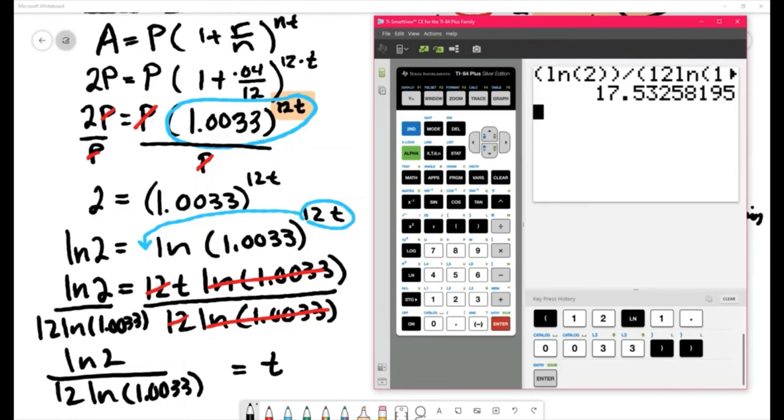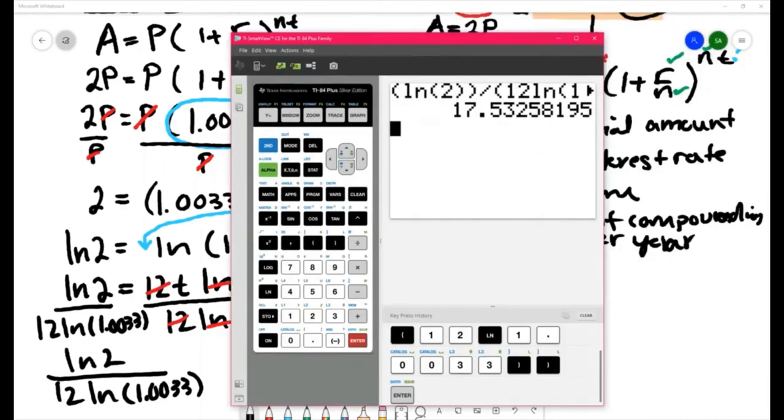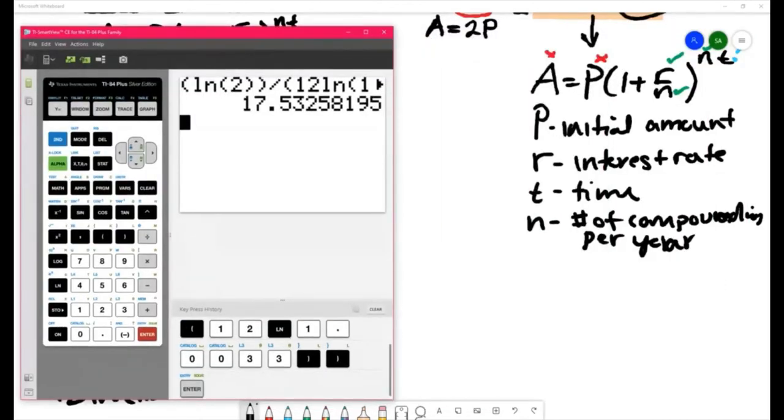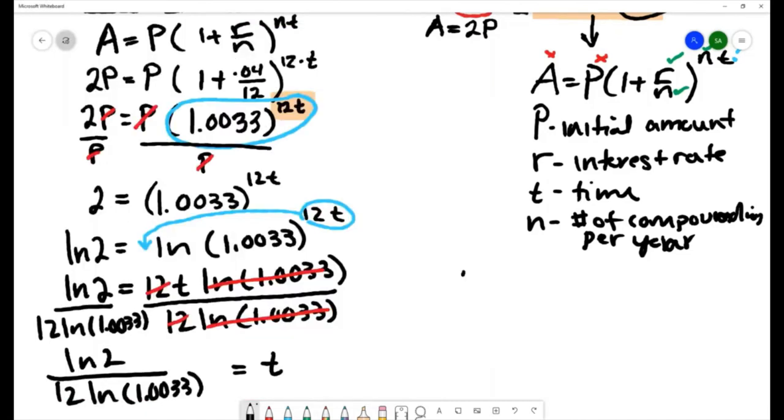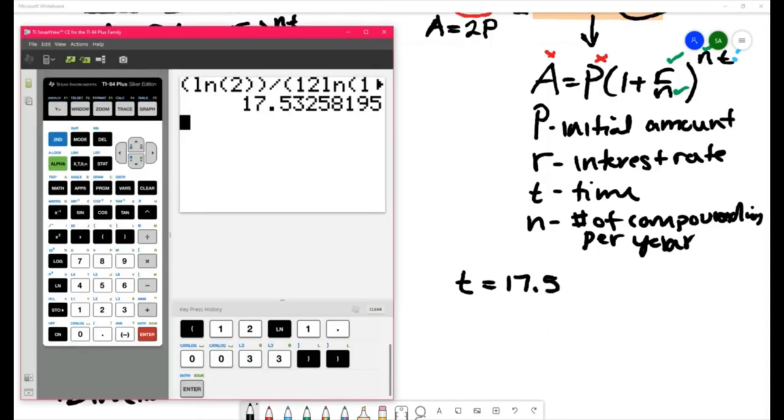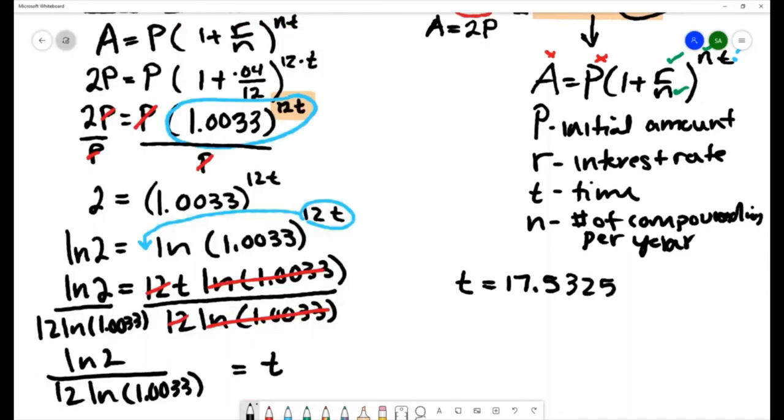Now, I remember in the directions, it's looking for years and months. So let's write down our value of t. T is 17.53258, and I think that'll be enough for now.